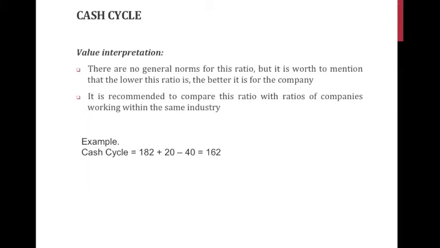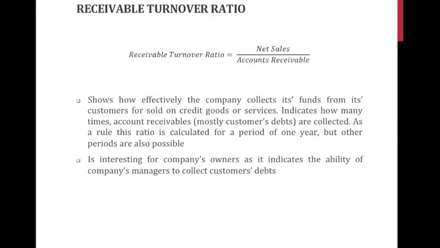In our example, looking at previous calculations, our cash cycle might be, for example, 182 plus 20 minus 40, and in this case it is 162 days.